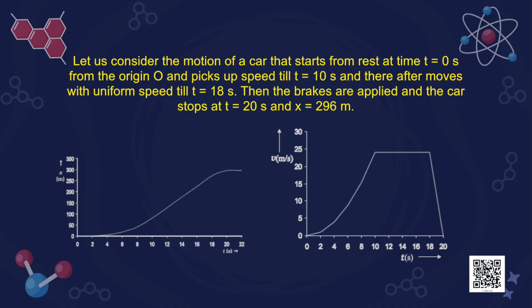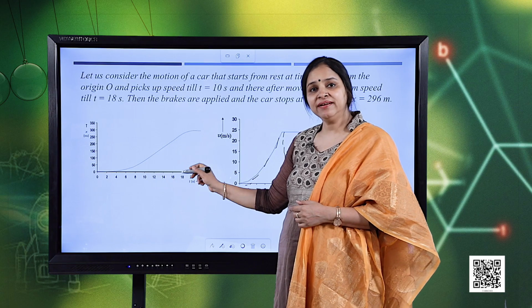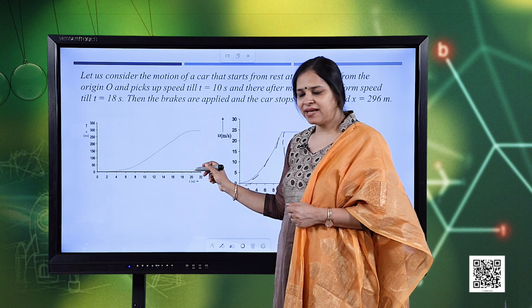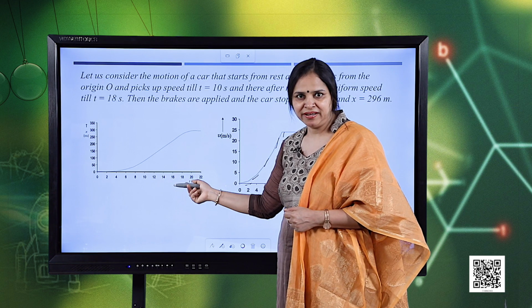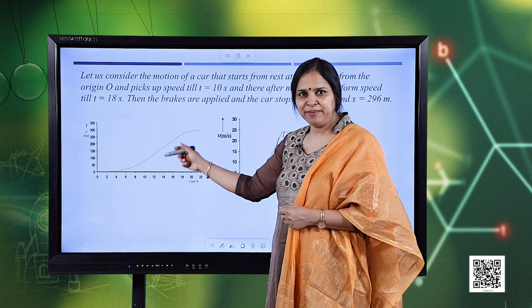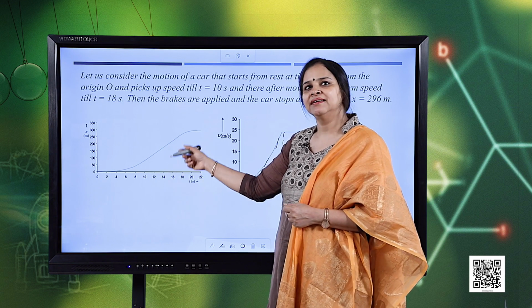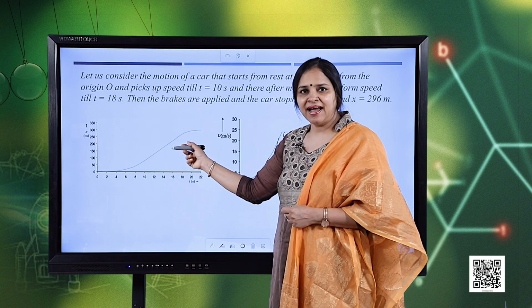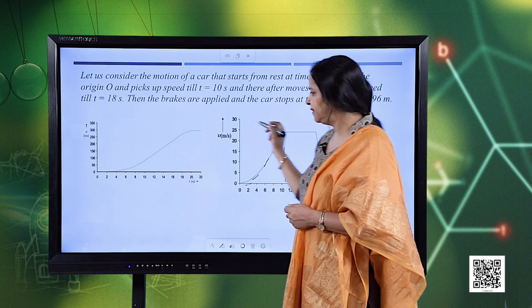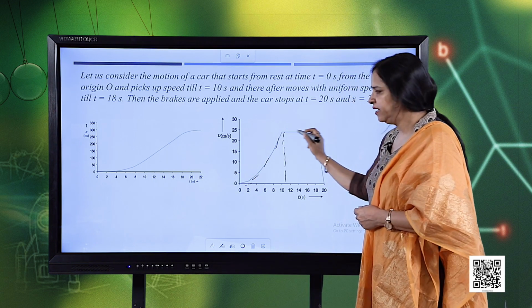Now, let us find the velocity in the region of t equal to 10 to t equal to 18 seconds, where the velocity was constant or uniform. For that we repeat the process. We find the tangent at some instants, and that gives the velocity at those instants, and we find the velocity to be uniform.